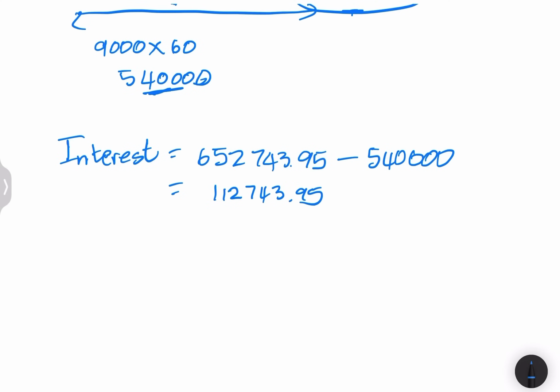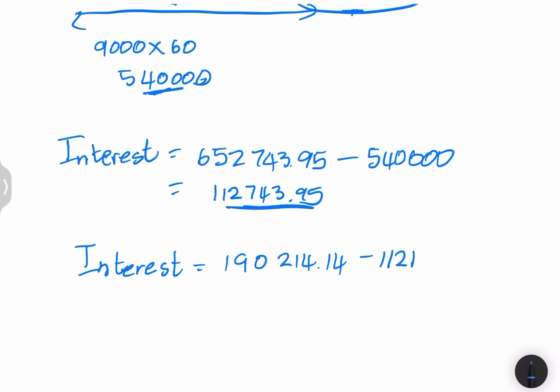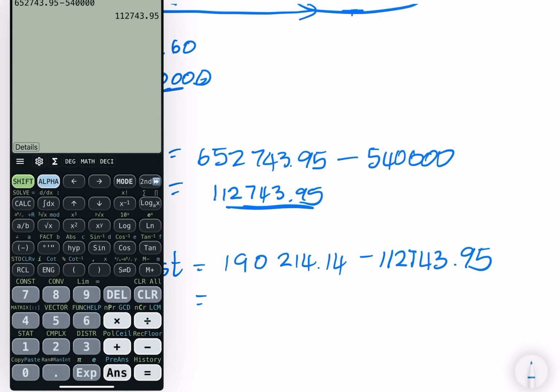So the interest over the period in question would be 190,214 and 14 cents minus this interest over the period of 5 years, 112,743.95.